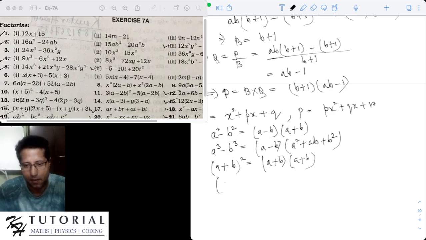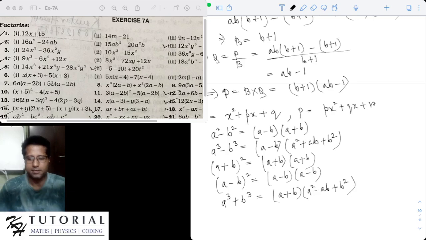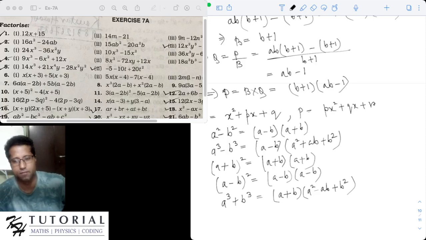Also a minus b whole square is equal to a minus b multiplied by a minus b. What else do we have? There is another one. You can factorize a cube plus b cube. It is equal to a plus b multiplied by a square minus ab plus b square. So these algebraic identities will be very useful in doing the factorization of polynomials.